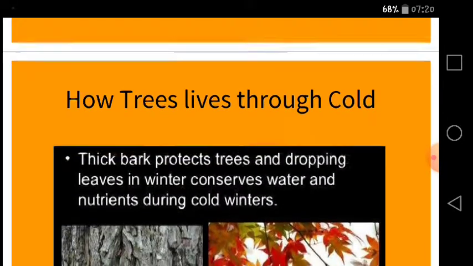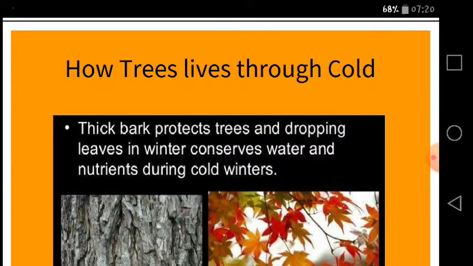And a very important question which is in your workbook: how do trees live through cold? Thick bark protects trees, and dropping leaves in winter conserves water and nutrients during cold winters. Dear students, the plants are adapted to the cold environment. They have very thick bark which insulates the internal body of the plant from its environment.